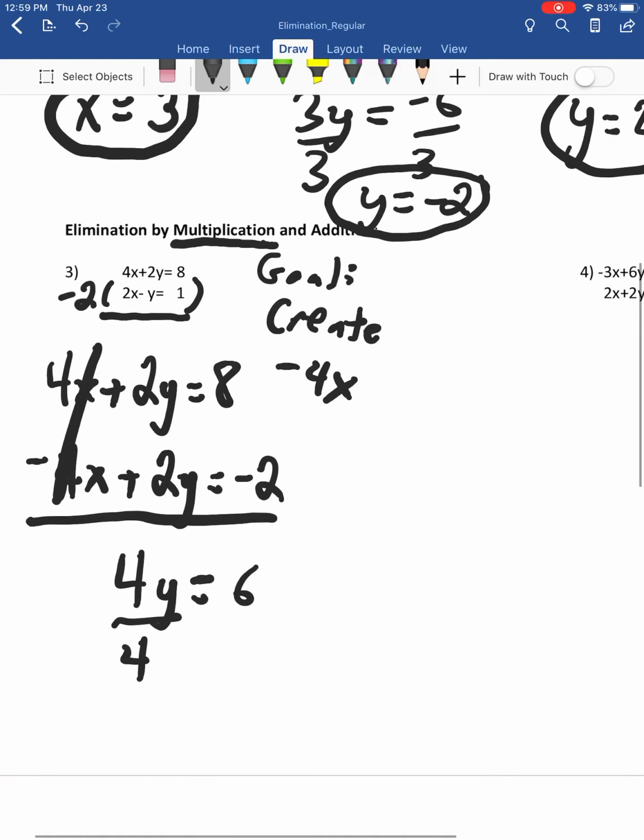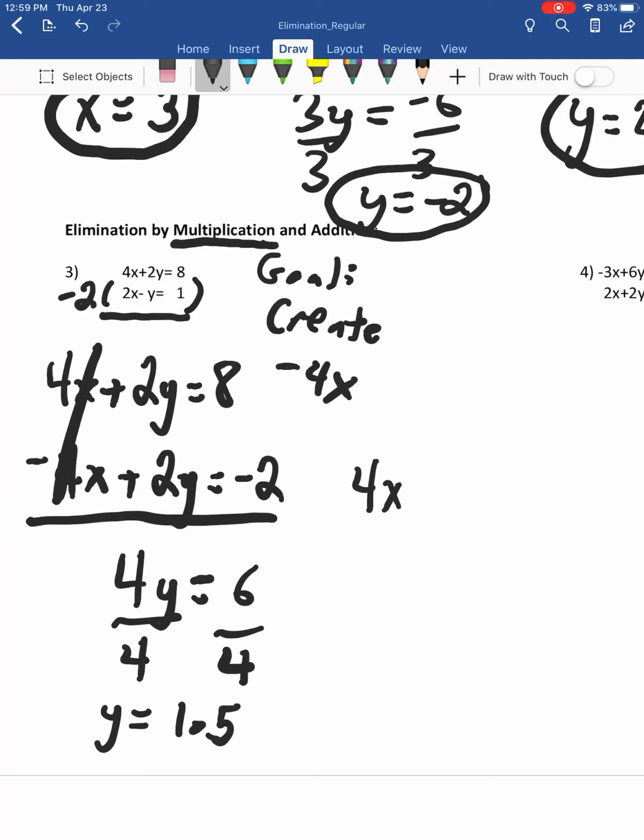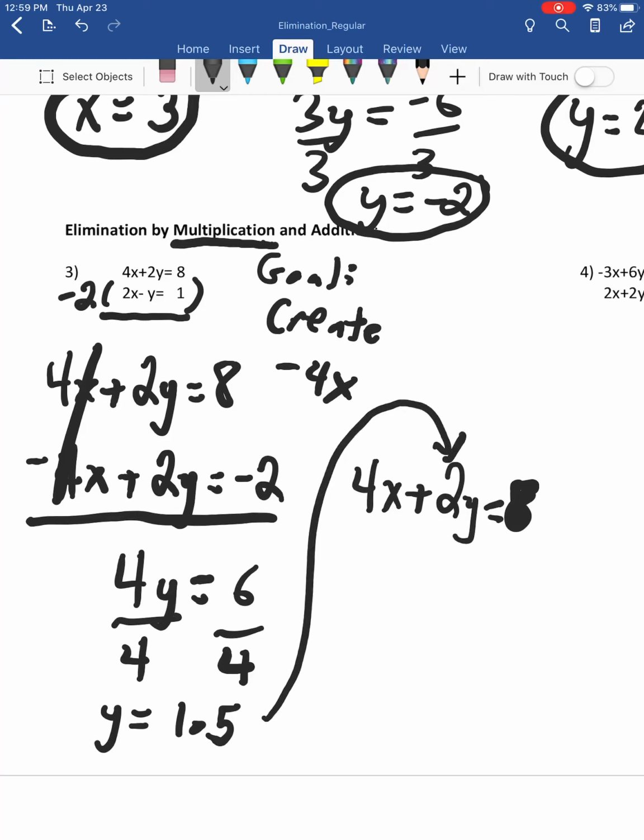Okay, divide by 4, divide by 4. y is 1.5. Now I'm going to take the top equation, 4x plus 2y equals 8, and substitute in for y.